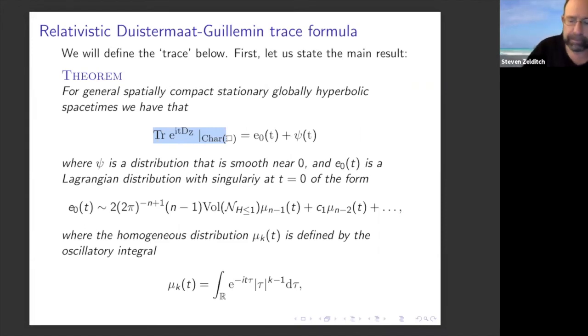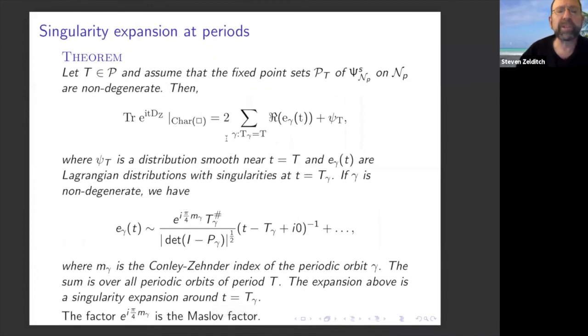I apologize for putting car here. This should have been Kerr, not car. So you get a Duistermaat-Guillemin singularity expansion at the periodic orbits of the Killing flow on the null geodesics. It looks just exactly like it.